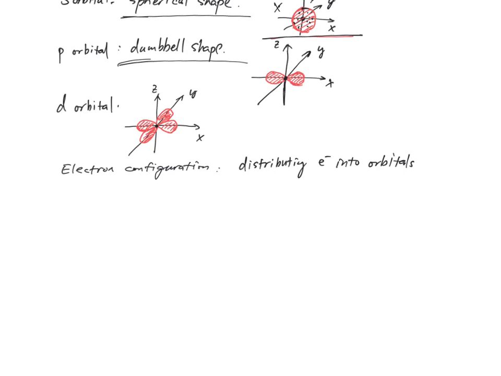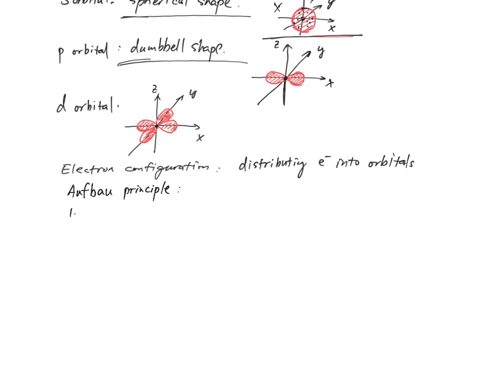Now, we actually have some rules to follow, and the set of rules that we use to distribute electrons we call the Aufbau principle. We have a few guidelines.